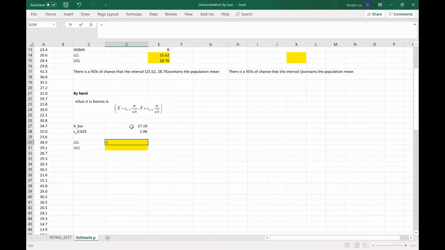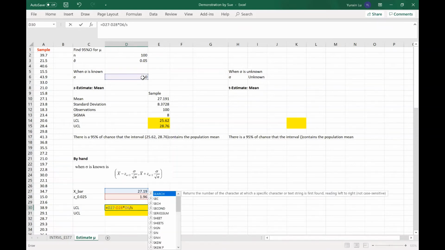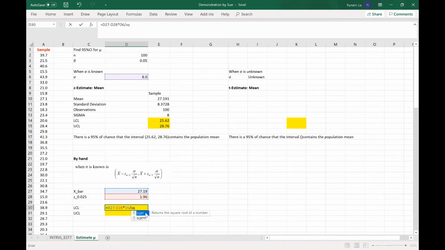So the mean minus z, multiplied by sigma given by the question, divided by the square root of the sample size. And the upper confidence limit is the same, but we need to change the minus to add.